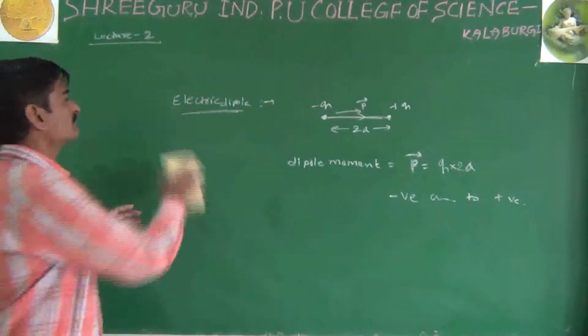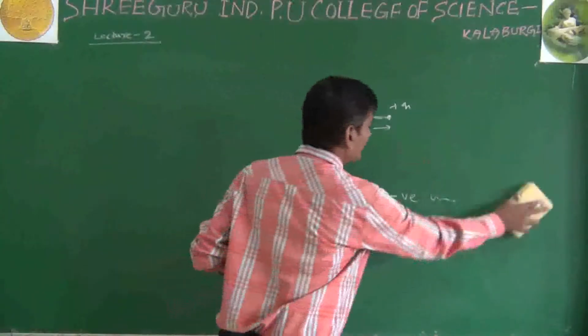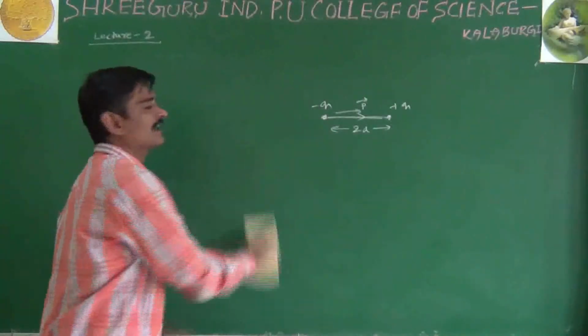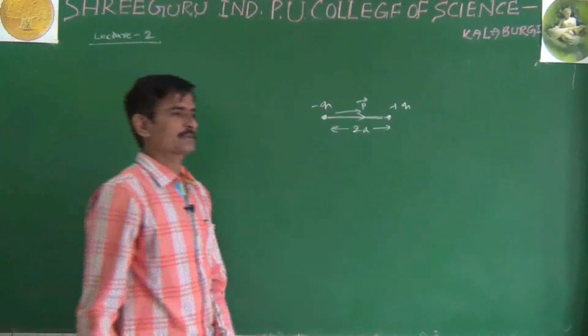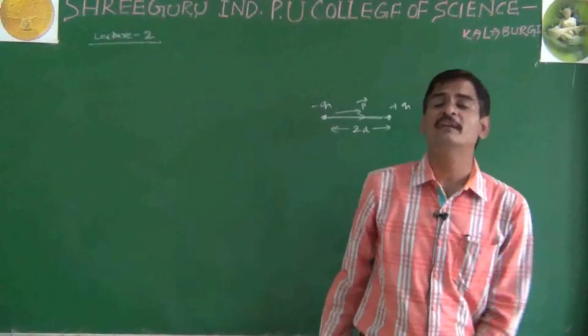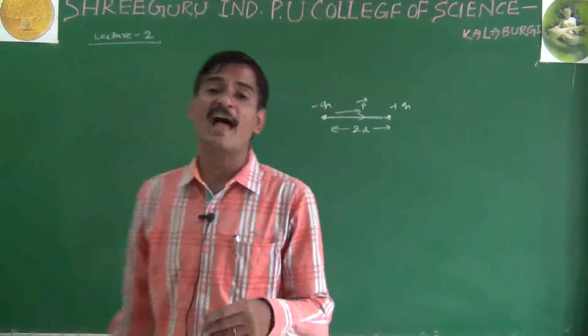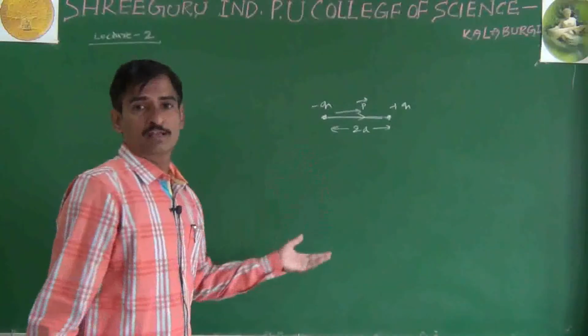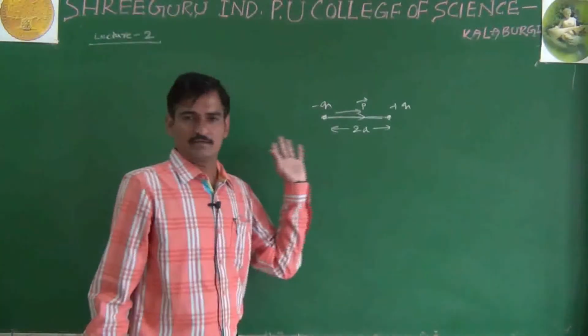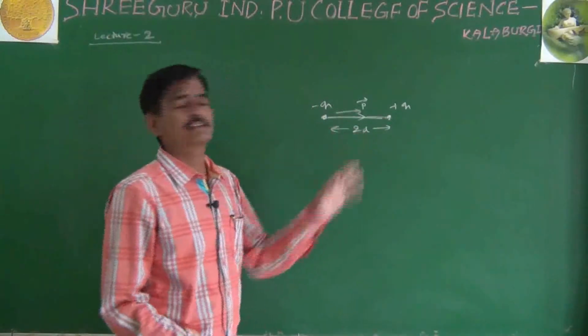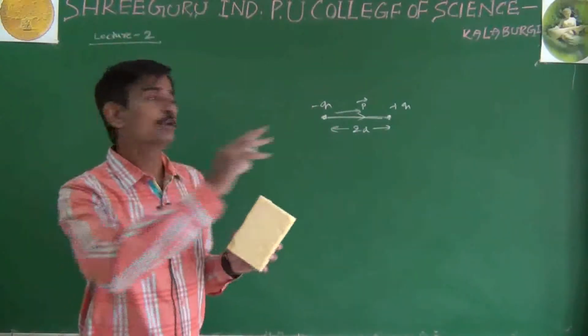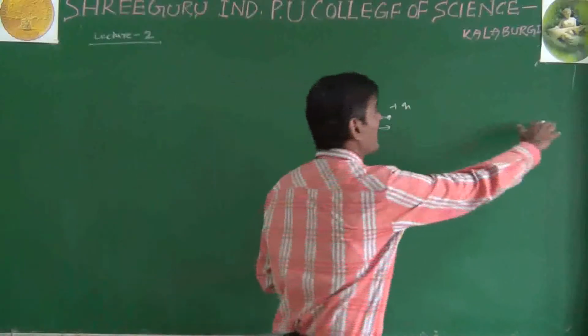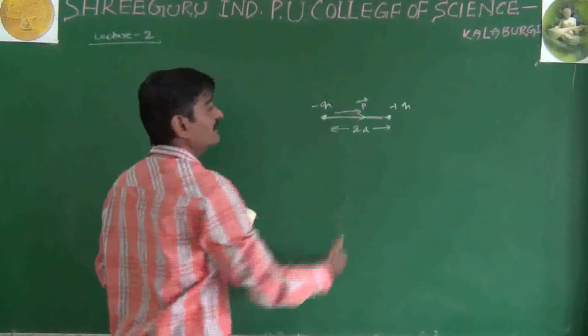So now we have to determine electric potential due to an electric dipole. In the first chapter, we determined electric field intensity due to an electric dipole on the axial line and on the equatorial line.